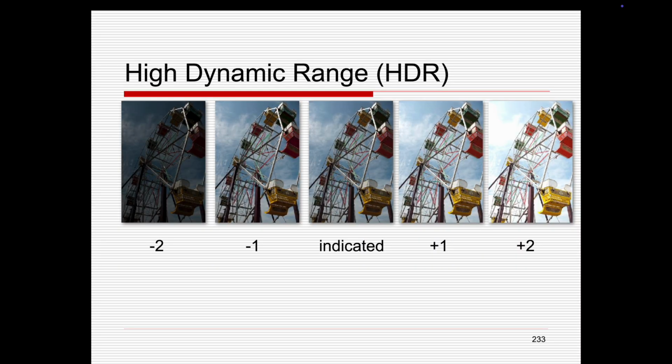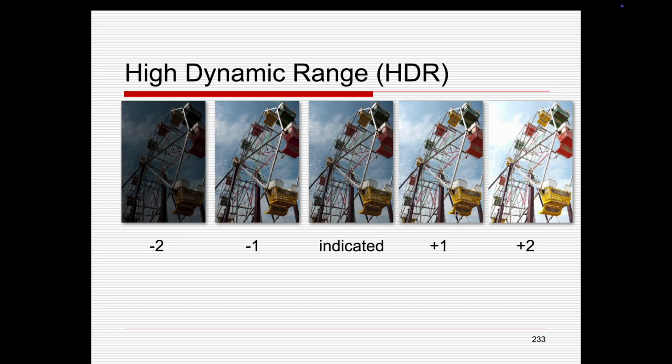Here's an example. Here I used 5 frames actually, and you can see that at 2 stops underexposed, I'm getting the highlight details in this image here. And 1 stop starts opening up the shadows better. This is my indicated exposure. 1 over starts opening up shadows even more.